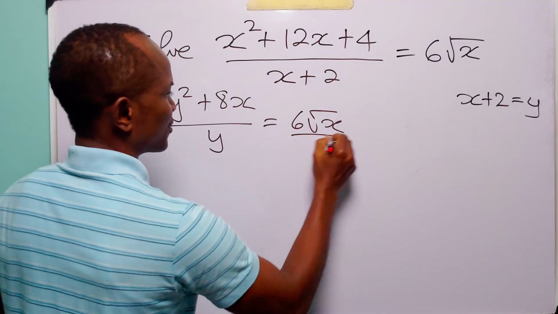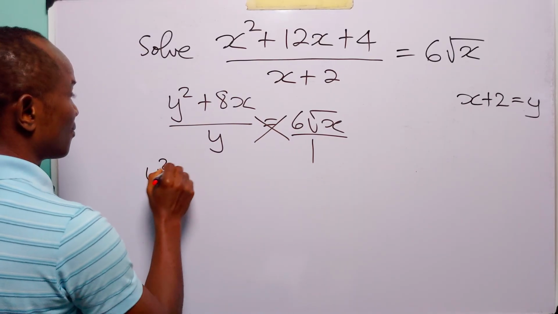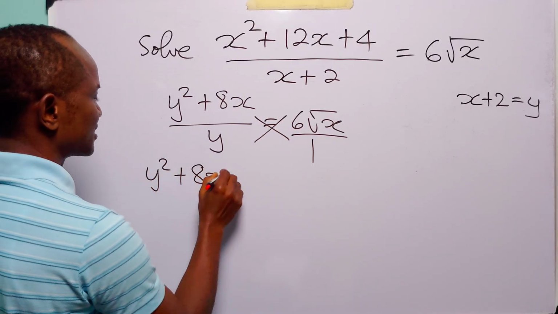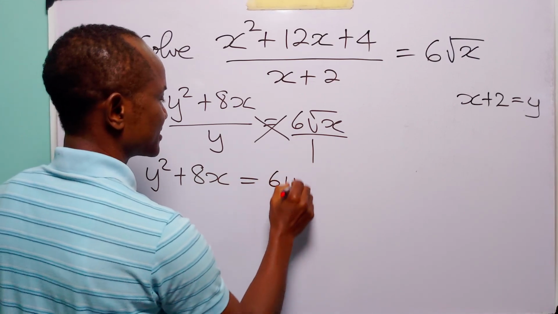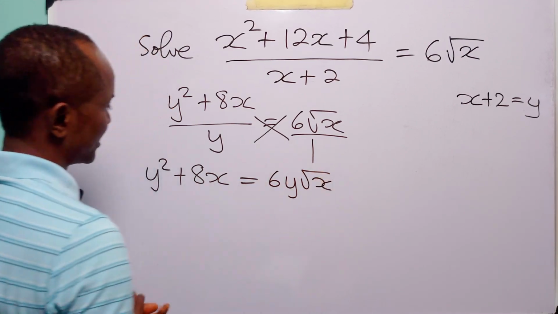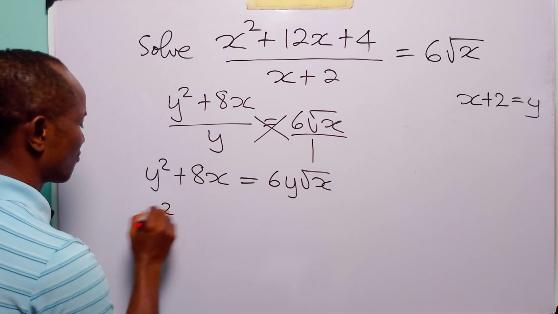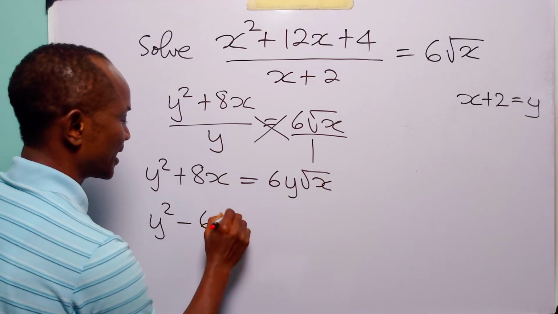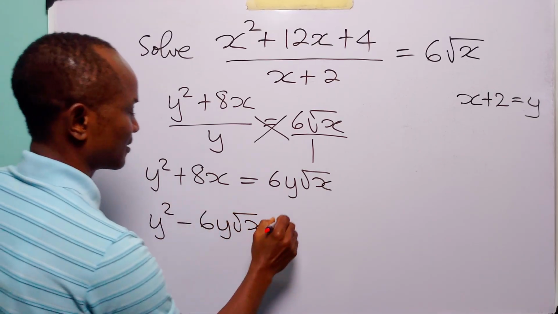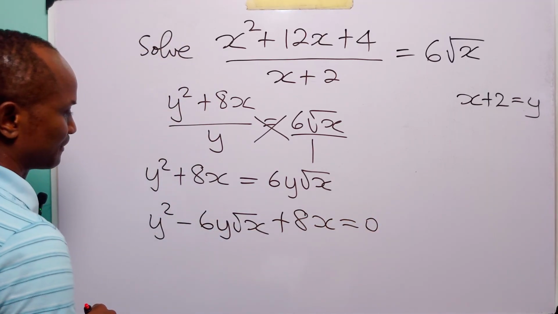And of course, if we cross multiply, we have that y squared plus 8x is equal to 6y root x. Rearranging this equation, we have y squared minus 6y root x plus 8x is equal to 0.